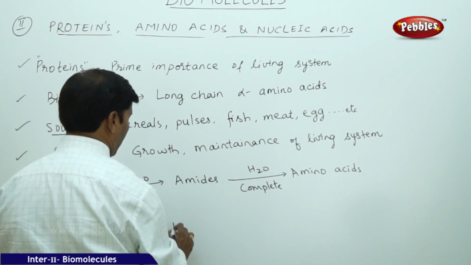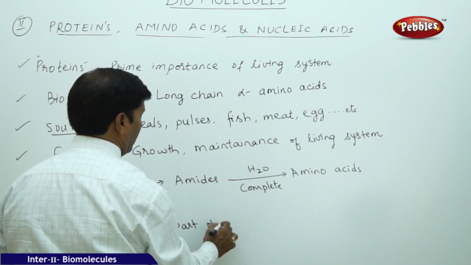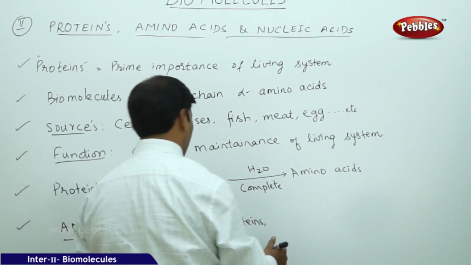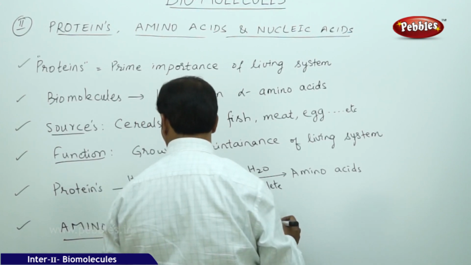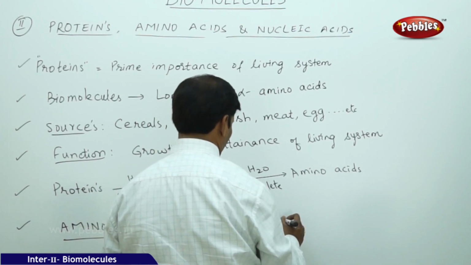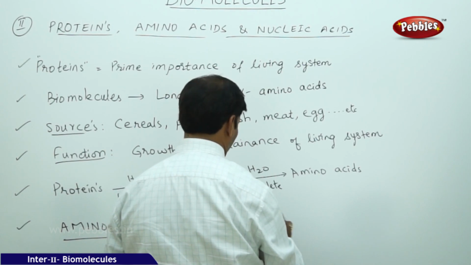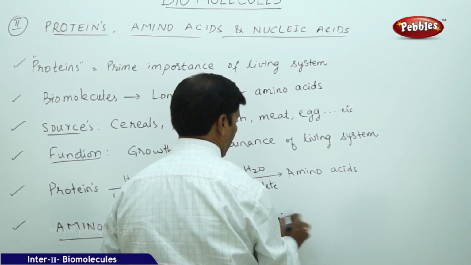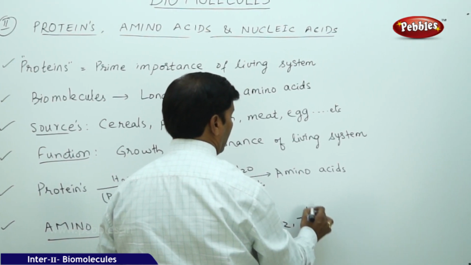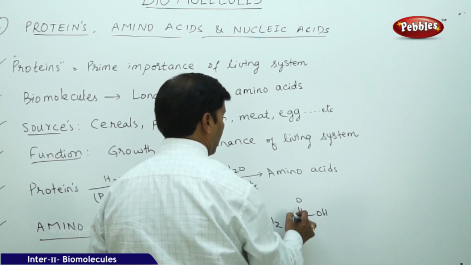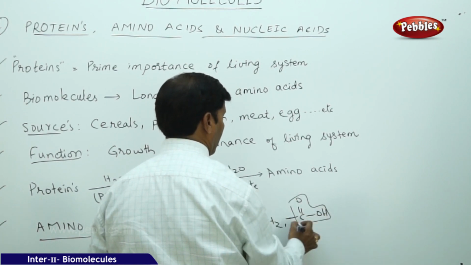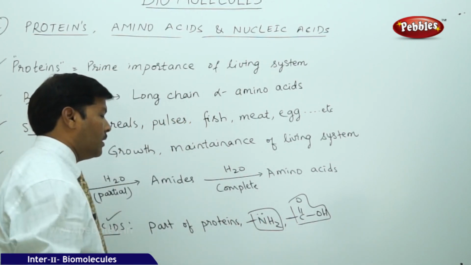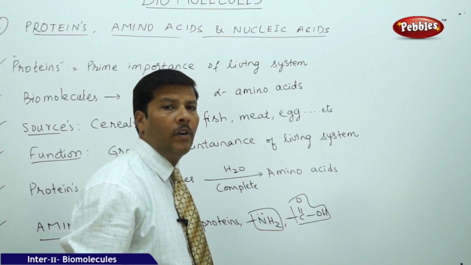All amino acids are a part of proteins, and they are made up of an amino group. They contain one amino functional group and one carboxylic functional group. The two main functional groups involved in amino acids are the amino functional group and the carboxylic functional group.